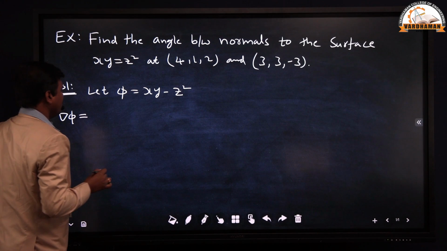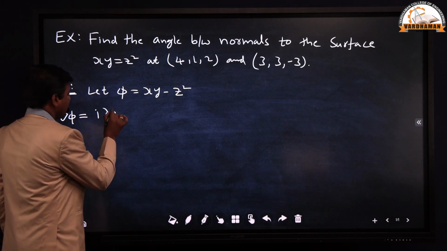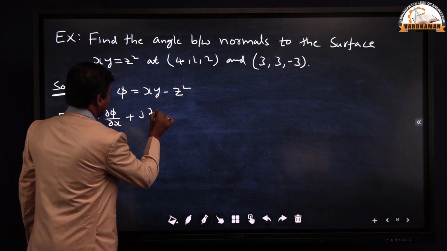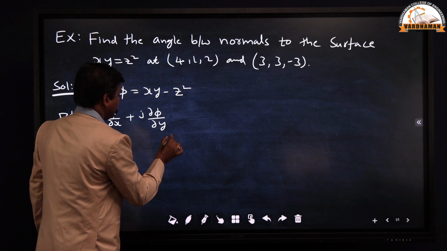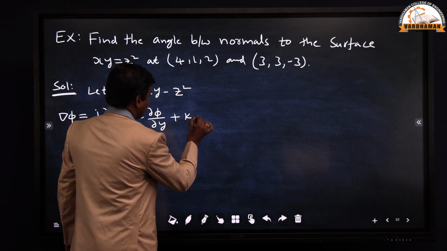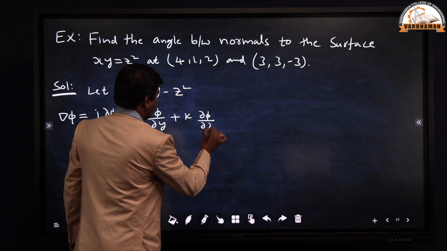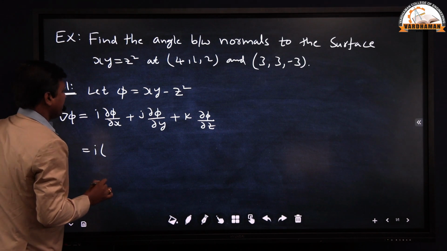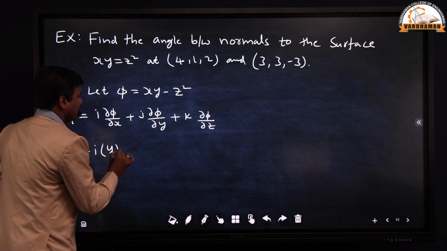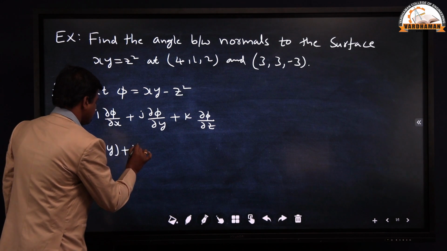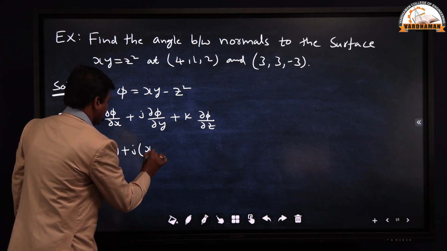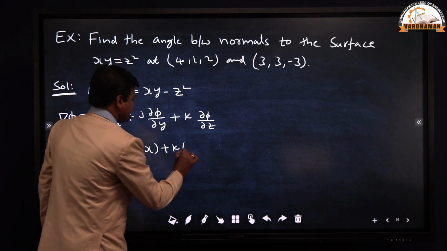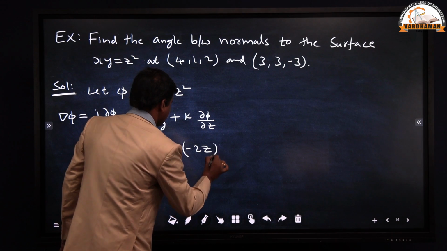Del pi equal to i dou pi by dou x plus j dou pi by dou y plus k dou pi by dou z. This equal to i dou pi by dou x is y plus j dou pi by dou y is x plus k dou pi by dou z is minus 2z.